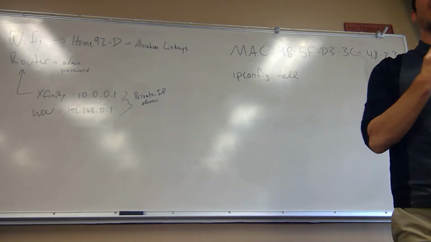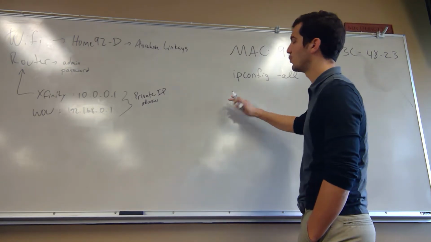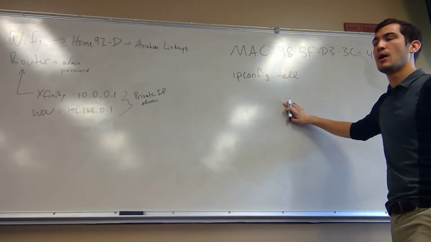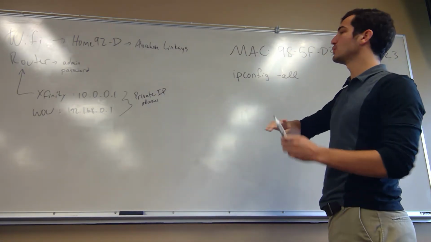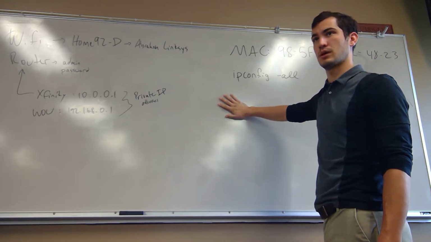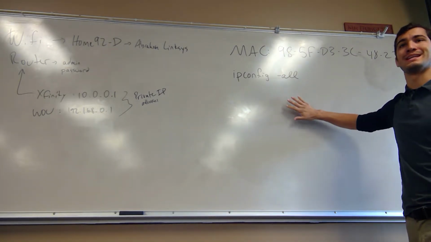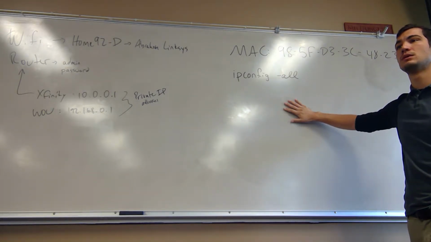So on my home network, I could do a MAC address filter, and you can do either whitelisting or blacklisting. Whitelist means only these options can join. Blacklist means only these options are denied, only them can't join.